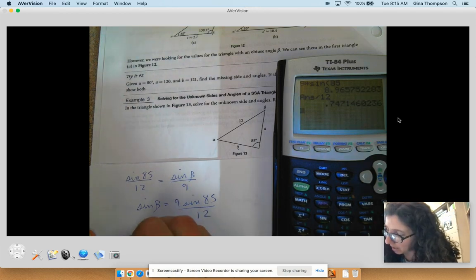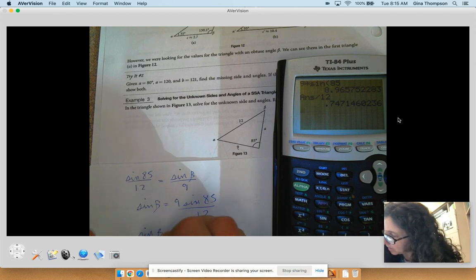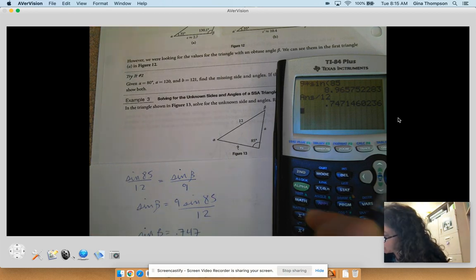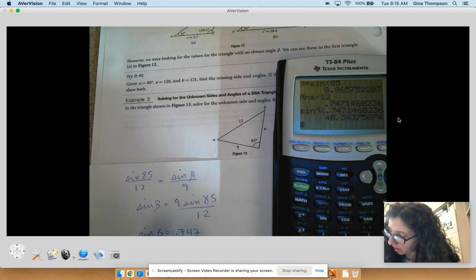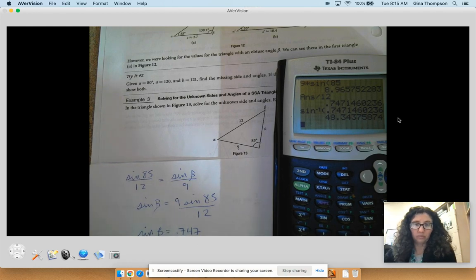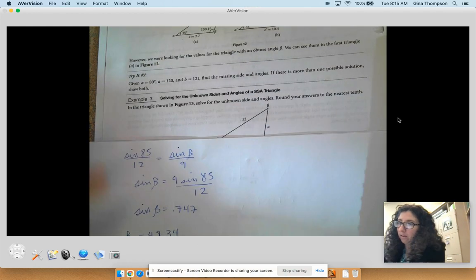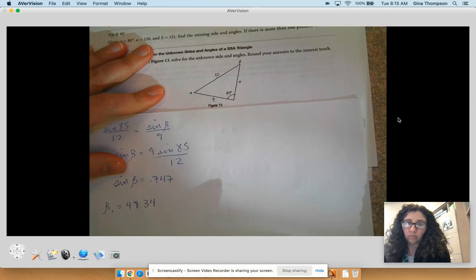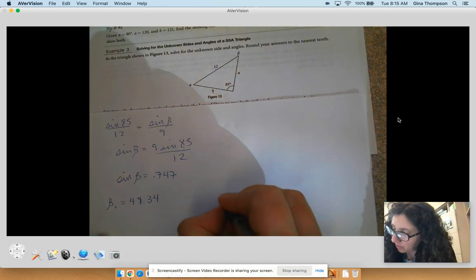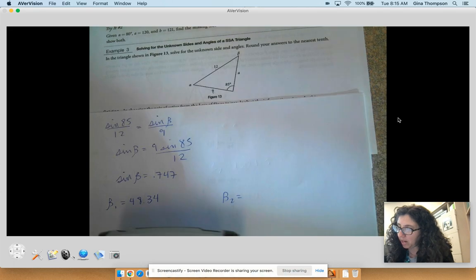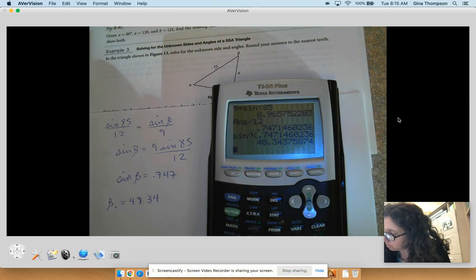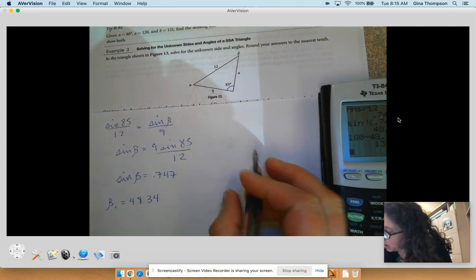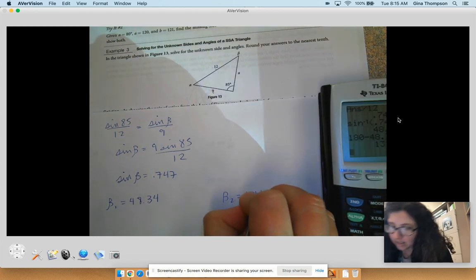So I get sine of beta equals 0.747, and I find the inverse sine of that, and I get beta 1 equals 48.34. And then I'll find beta 2 is going to be 180 minus that, 131.66.